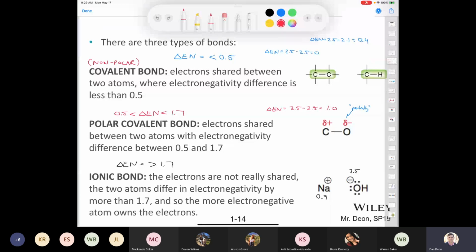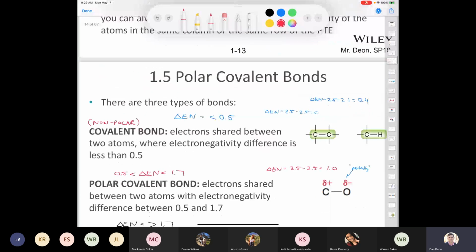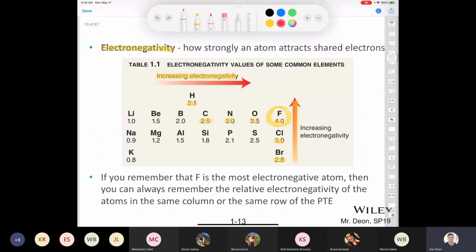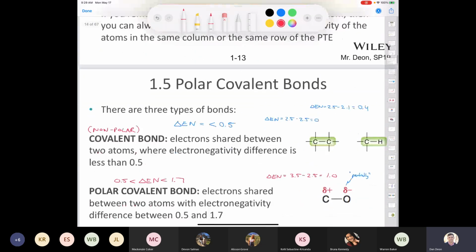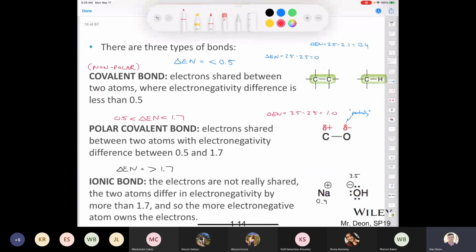These are just numbers that were developed by human beings. The scale of electronegativity that we use in this class is the Pauling scale. It was invented by Linus Pauling. And there are many other scales of electronegativity. If you take other chemistry classes, you might even see some of those other scales. However, this was just developed by humans. And so you have to take these with a grain of salt.